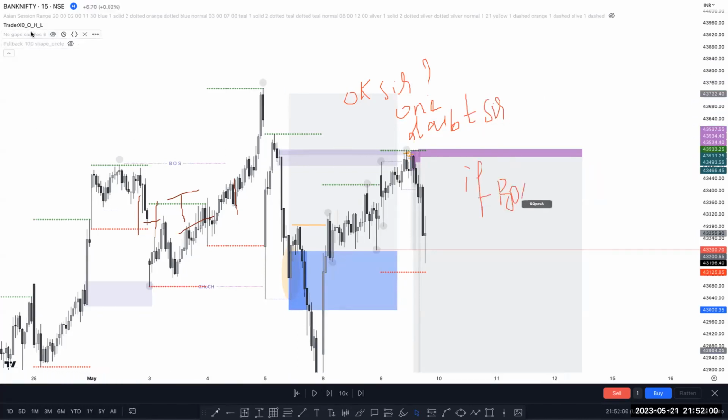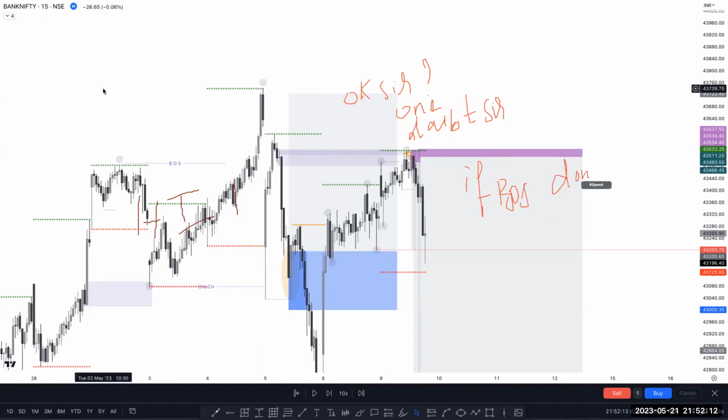You can check sometimes to hide this one, because this indicator actually combines the whole candle. Then sometimes you will be confused.